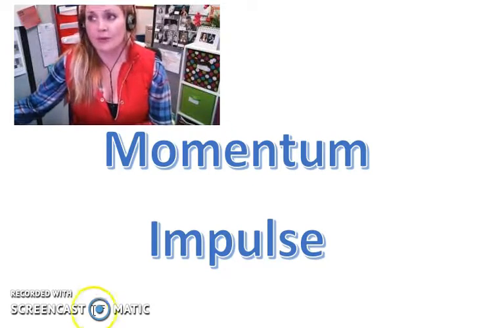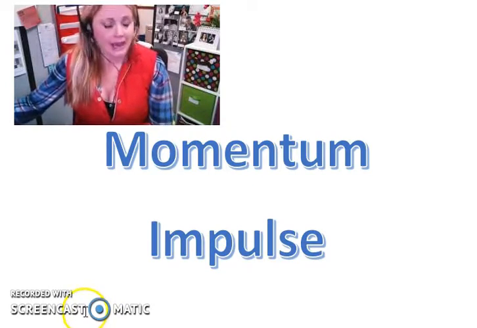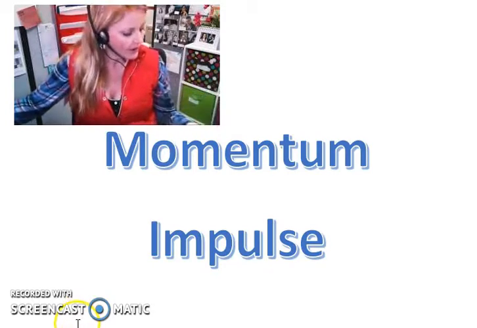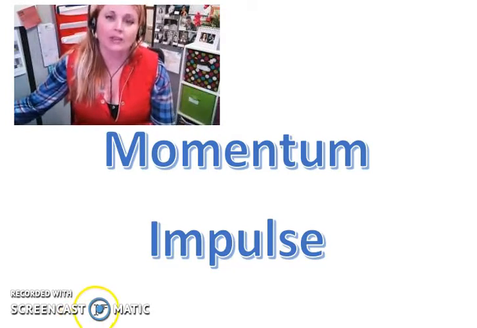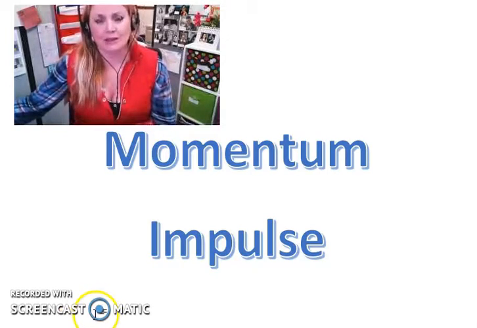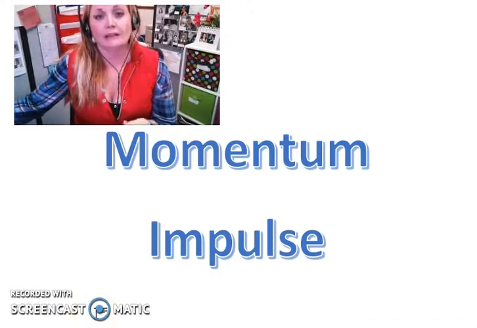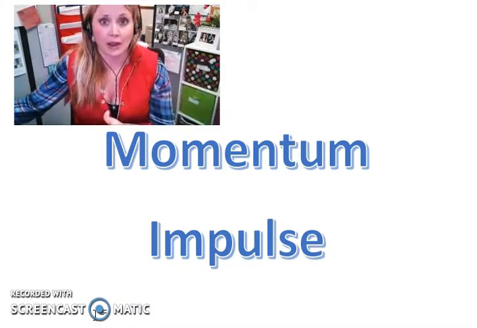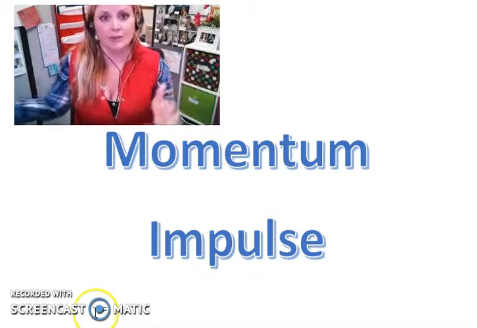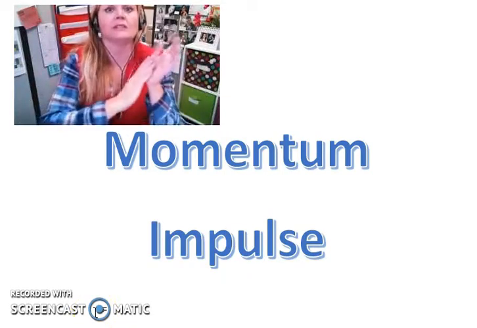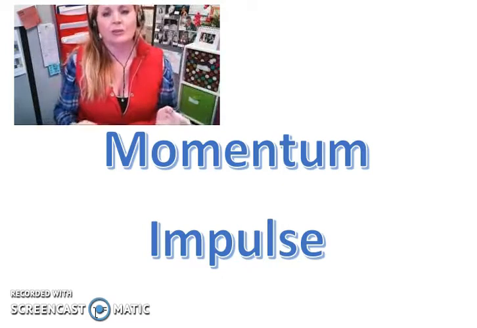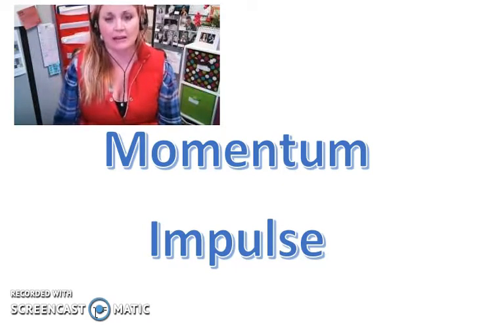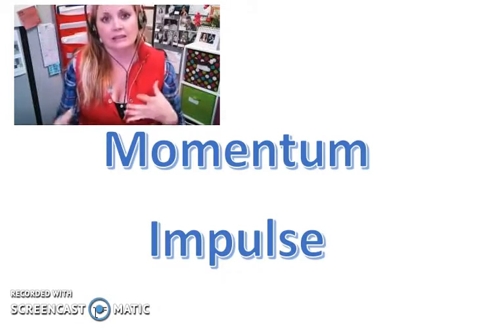The other part of what we're looking at today is impulse. Impulse has to do with the time that a force is applied. Most of the time when we're looking at momentum, we are looking at collisions. An object is going to collide with another object, and that collision can be a very quick collision or a very slow collision. The time that force is applied in that collision is the impulse.